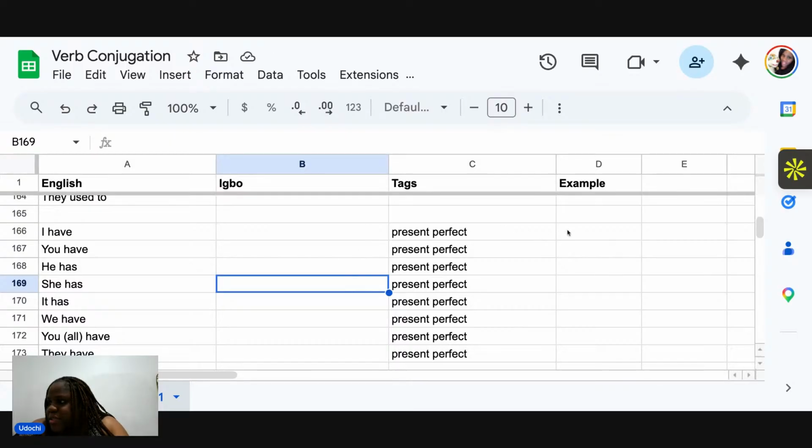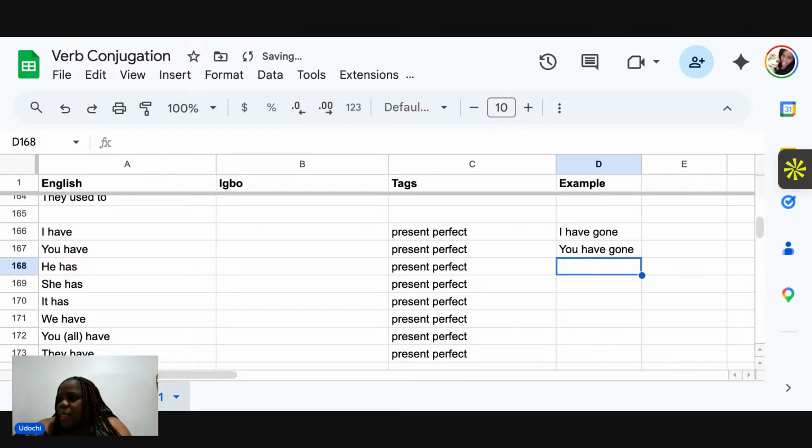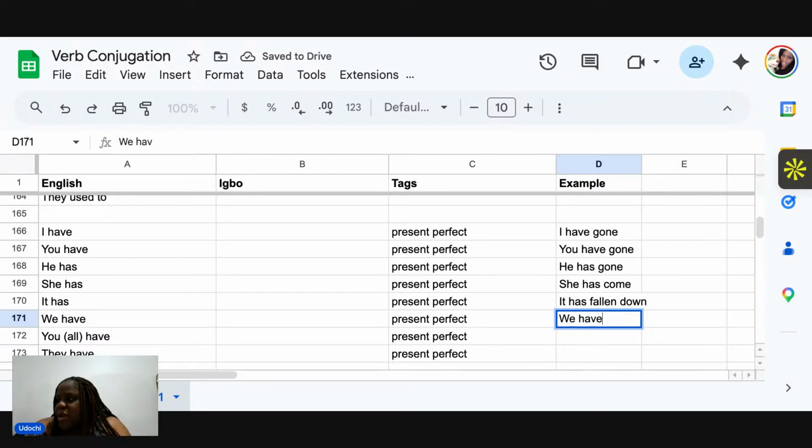Sentences would be I have gone, you have gone, he has gone, she has come, it has fallen down, we have gone, you all have gone, they have gone. All right, let's write this in Igbo.